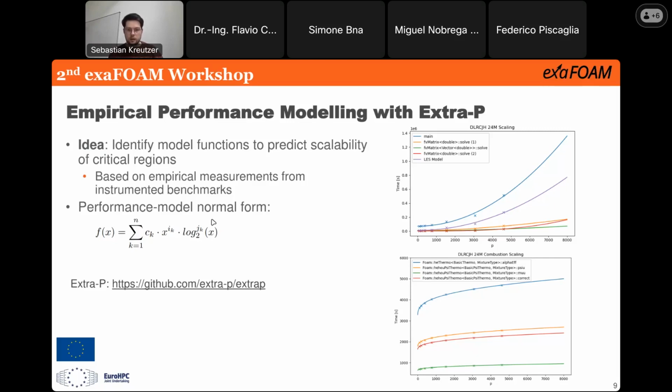So here on the right, I'm showing some results for the DLR combustor. And you see that the scaling is not great, and you can see it's this LES model here, which is the problem. And if you extrapolate, you can see that this will be the limiting factor.